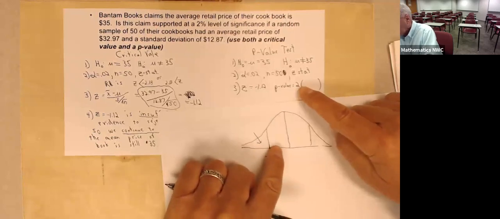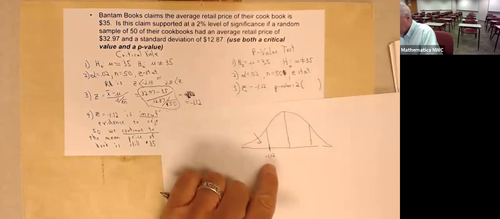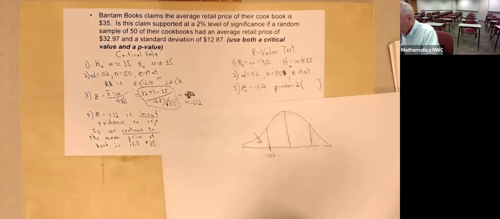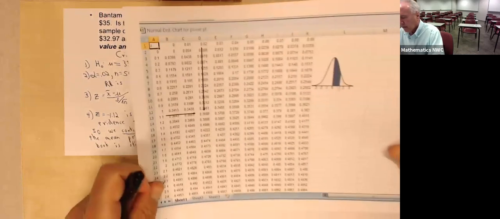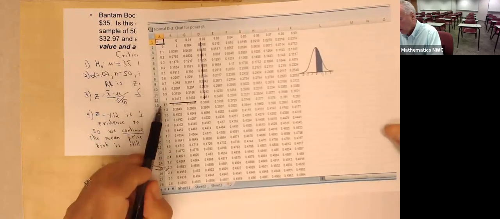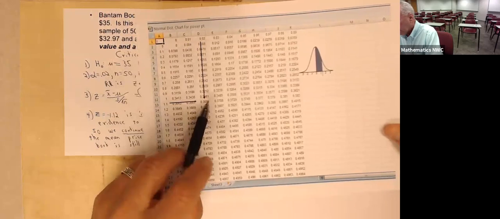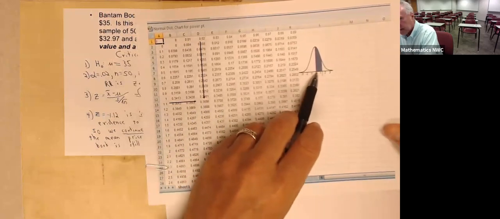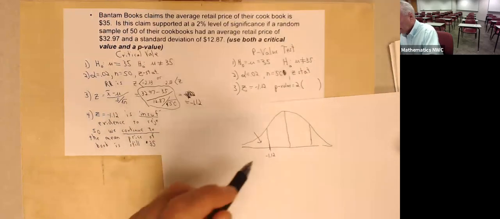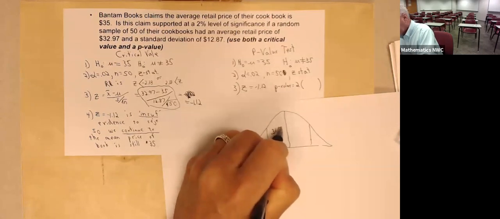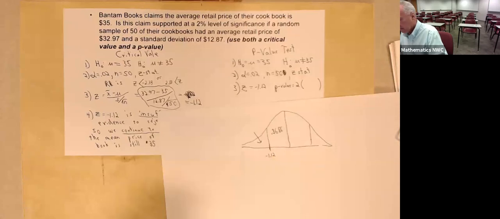When finding that, I need to find, first of all, the middle value of a 1.12. Going to my chart, 1.12, that middle value is 36.86. That's from the middle out. So that means from the middle out is 36.86.